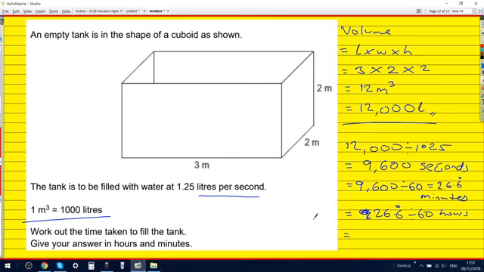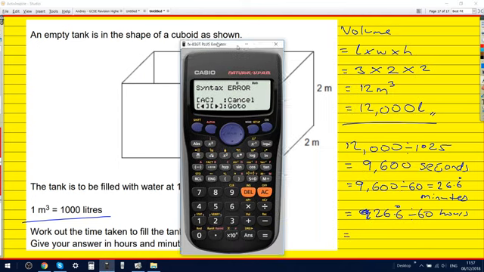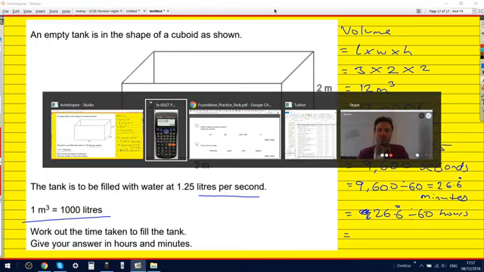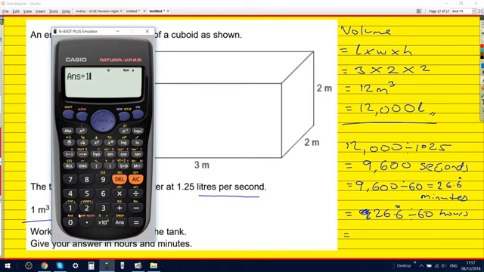Hold on. What did you get out? 0.4. You went wrong somewhere. I did 26.6 recurring divided by 60.